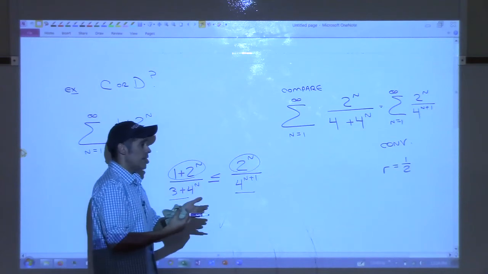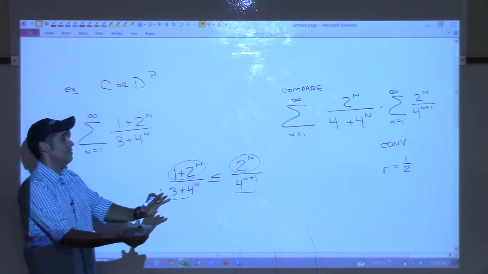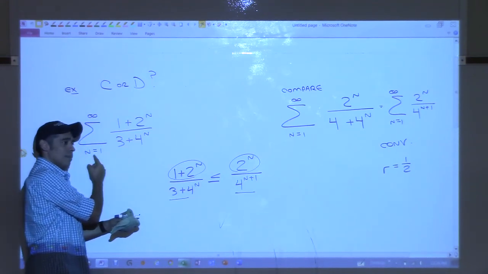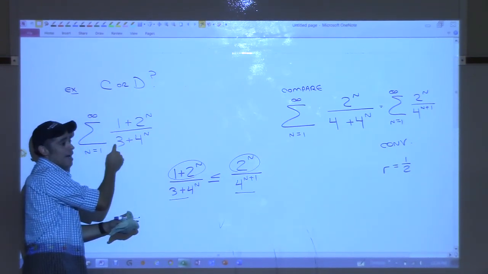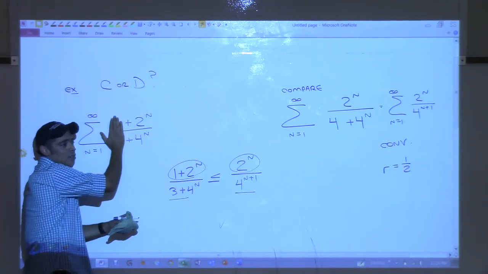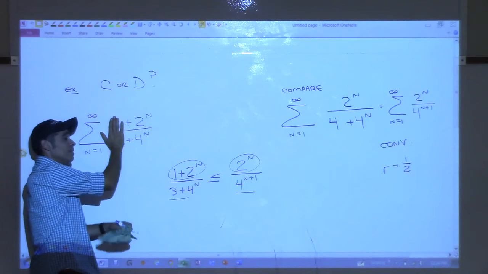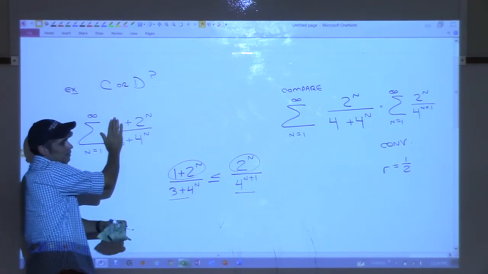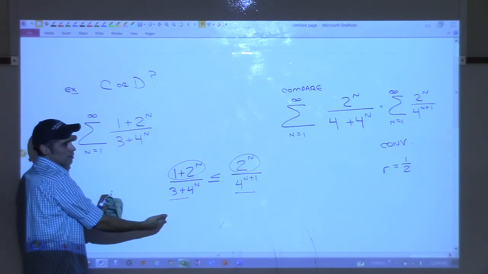I agree, we could do that. The only hesitation I would have is that I'm pretty sure this converges, because when n gets really big, this and this don't matter, and so you're essentially geometric. So I think you would have a hard time finding something that actually diverges and where the inequality holds.